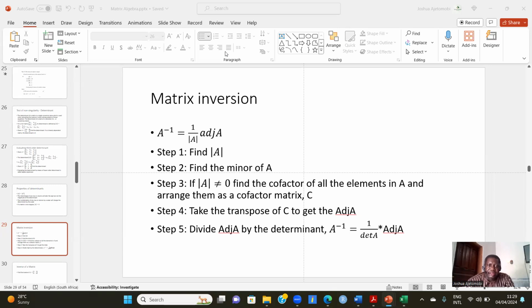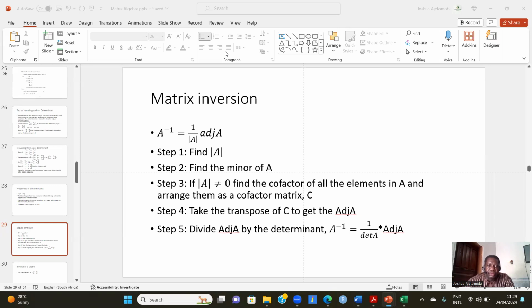We ended the class by looking at determinants of a matrix, which is very, very important whenever we want to compute inverse of a matrix.